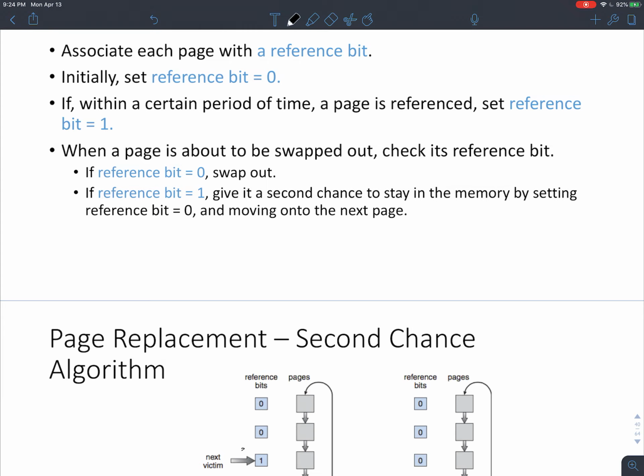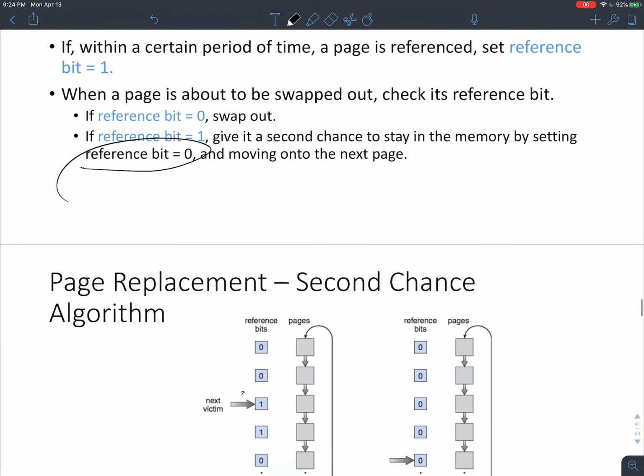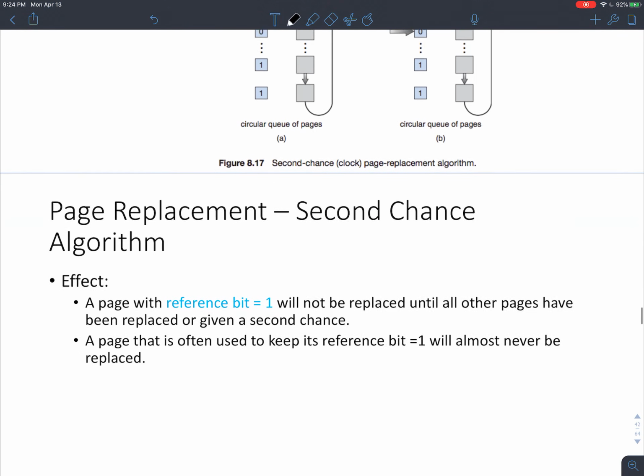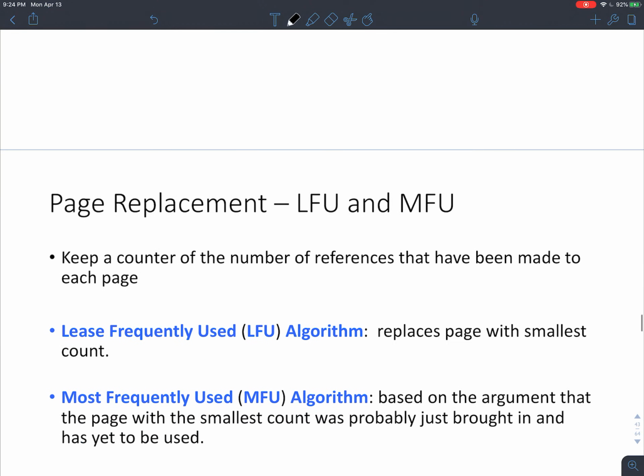What we do is that we don't kick it out, but instead we give it a second chance by keeping it in the memory while we set its reference bit to 0. So the next time when we are at this page, we swipe it out. This is how we do the second chance algorithm.